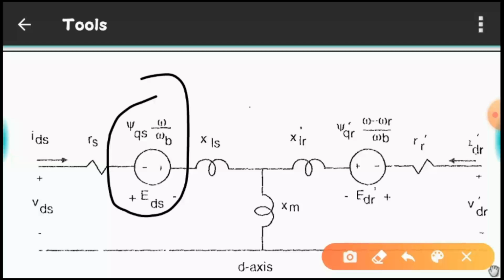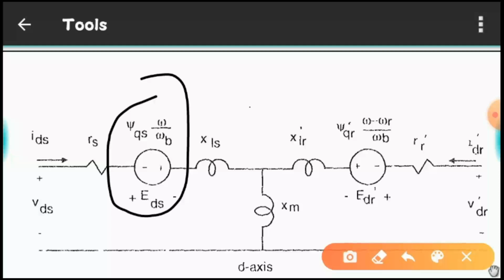Then we observed that in the induction machine rotor it's not a back EMF, just transformer EMF is getting induced in your rotor winding, and that is ensuring a flow of current through your rotor. But in your stator phase no EMF is getting induced.